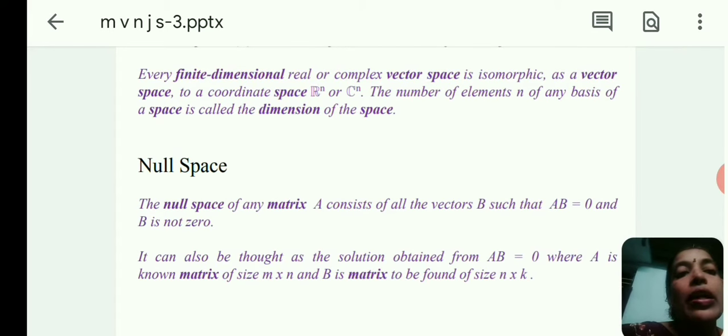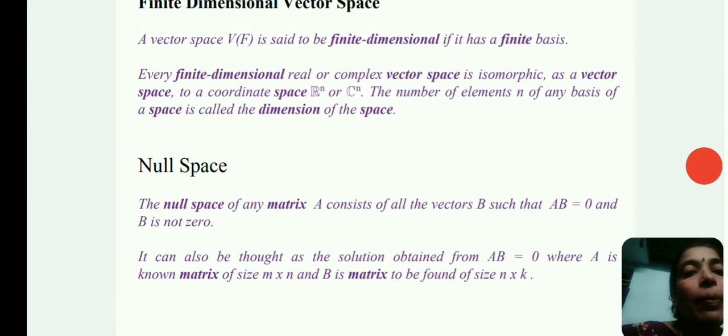Next definition, what is a null space? The null space of any matrix A consists of all the vectors B such that AB is equal to 0, but B is not 0. This is the condition for the null space. See another definition: the set V equal to {0} is a vector space called the null space, or another name for the null space is the zero vector space.